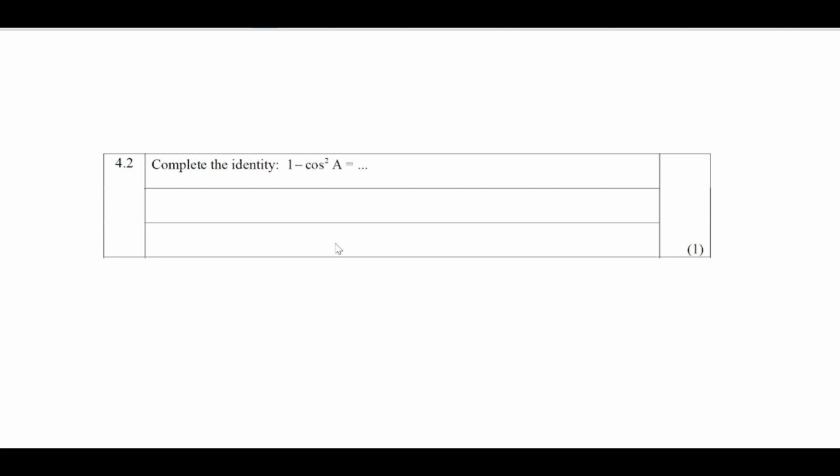4.2, complete the identity. It's in your formula sheet, this one. 1 minus cos squared of A is going to give you sine squared of A. Done. It's in the formula sheet. And the formula sheet is given as sine squared of A plus cos squared of A equals 1.